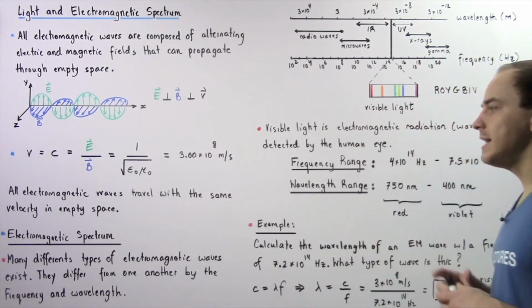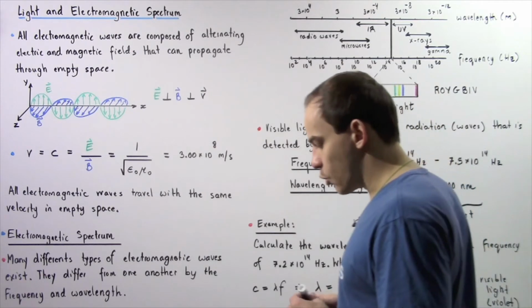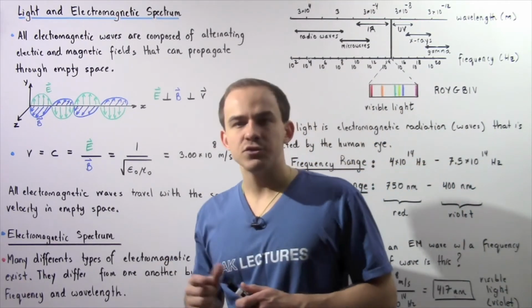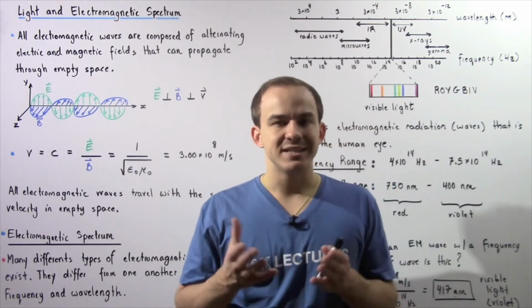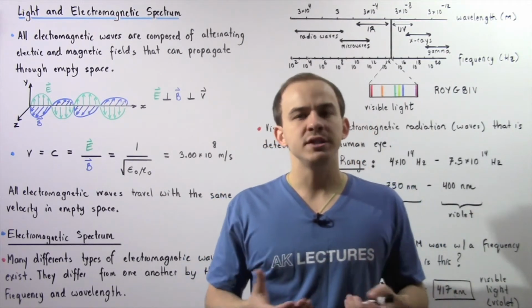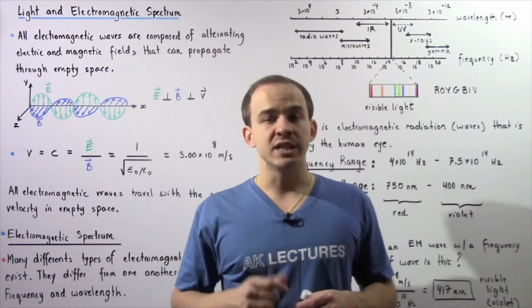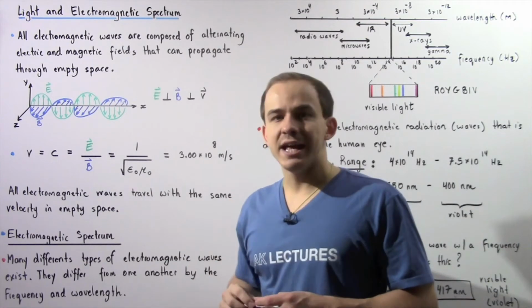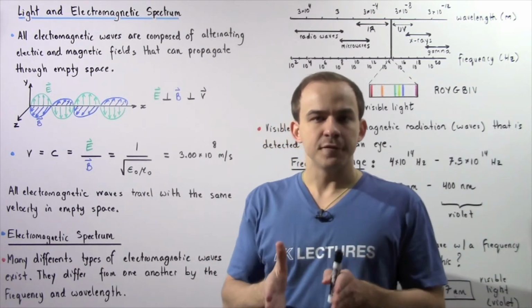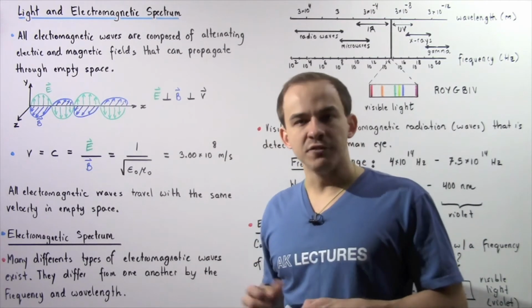Now, let's begin our discussion on the electromagnetic spectrum. What exactly is an electromagnetic spectrum? It describes all the different types of electromagnetic radiation, all the different types of electromagnetic waves. Electromagnetic waves differ from one another by the frequency and the wavelength.